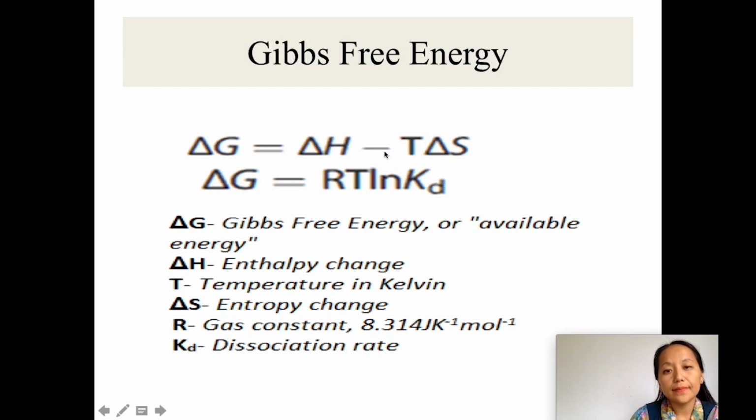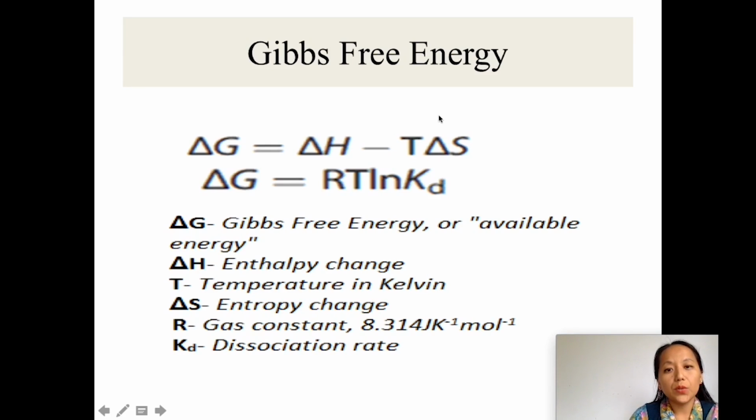So in this case, delta S is negative and with the minus sign in front of T delta S, this entire term becomes positive, and delta H is negative. Now in order for delta G to be negative, delta H is already negative, and this term is positive, so delta H has to be higher in magnitude compared to T delta S. That can happen only when temperature is low.